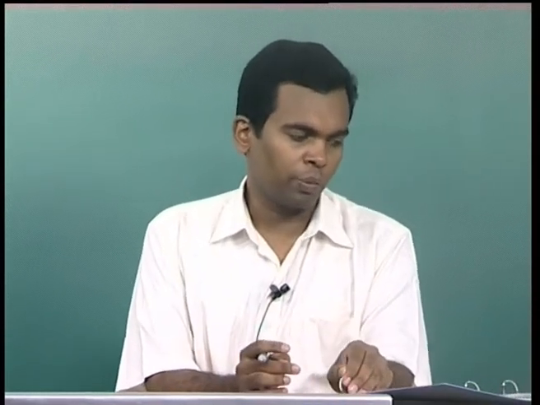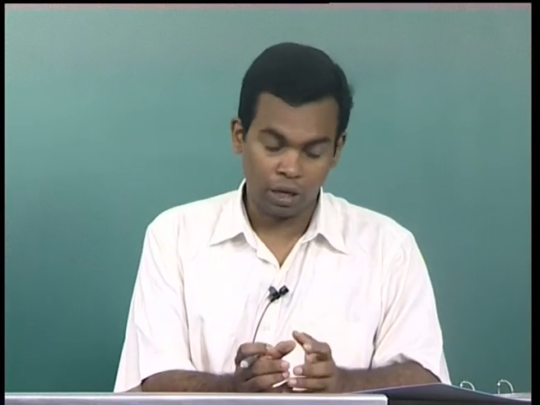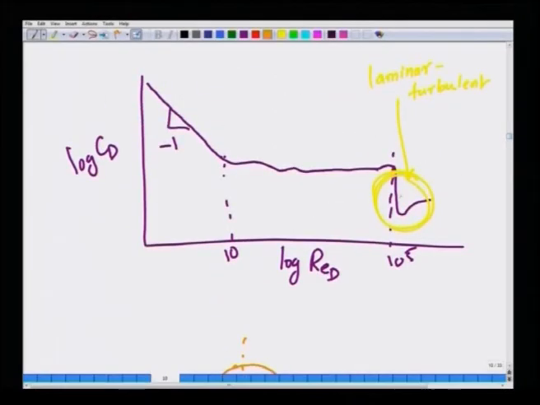That is a peculiar feature of drag forces on blunt bodies such as flow past a sphere: there is a sudden decrease in drag when the flow undergoes the transition from laminar to turbulence, because the separation is delayed in a turbulent flow compared to laminar flow.